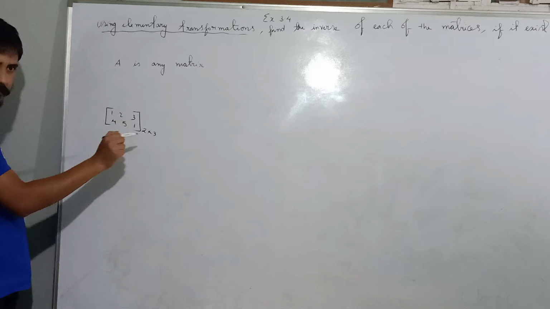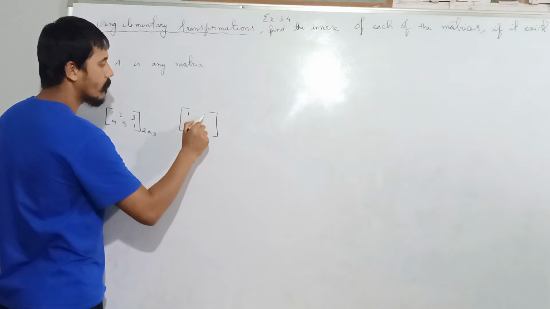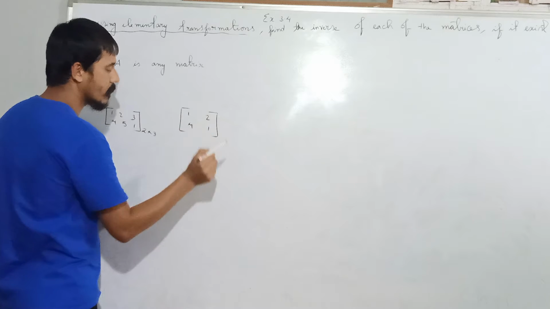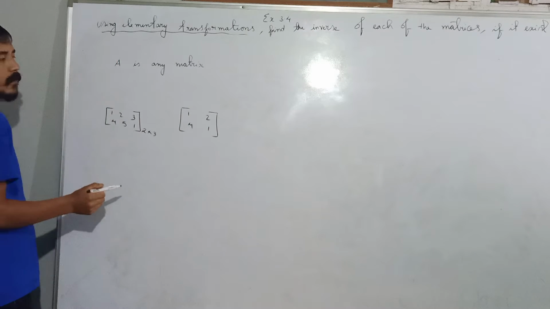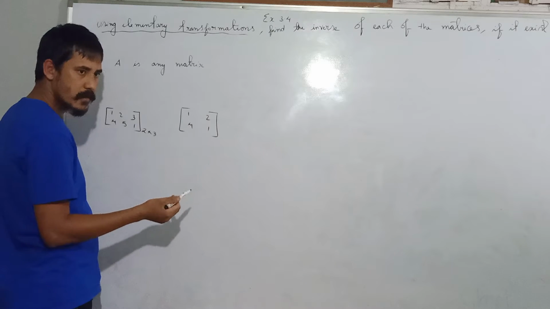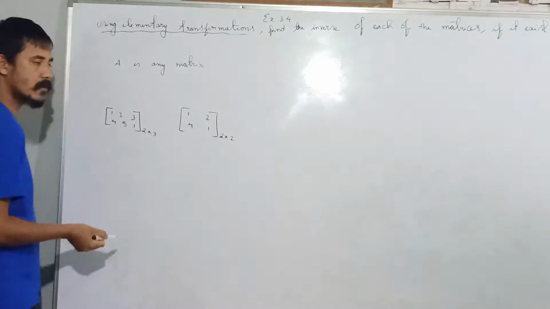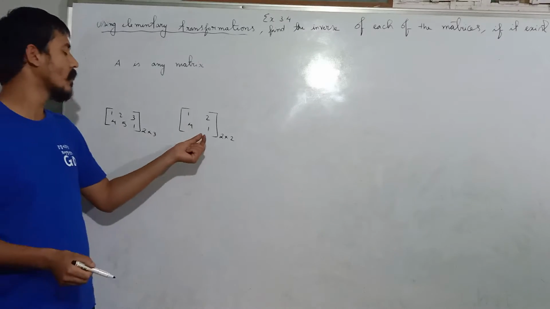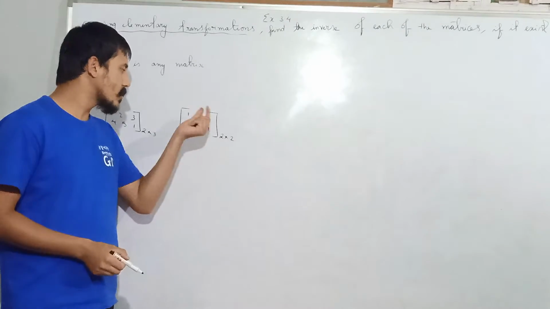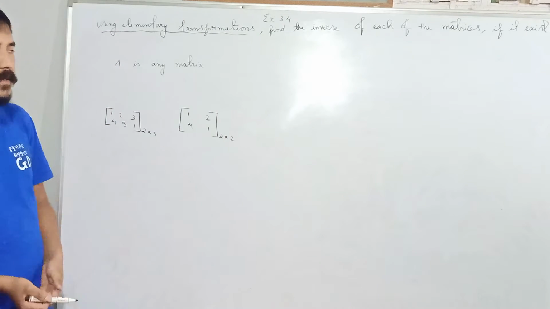But if we are talking about a square matrix, then the number of rows should be equal to the number of columns. Number of rows is 2, number of columns is 2. So this is a 2 cross 2 matrix. So number of rows and number of columns are equal. So it is a square matrix.